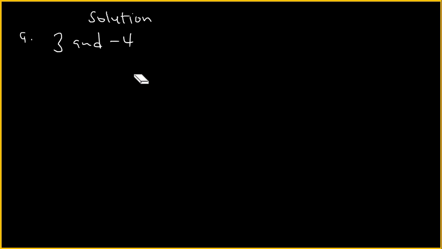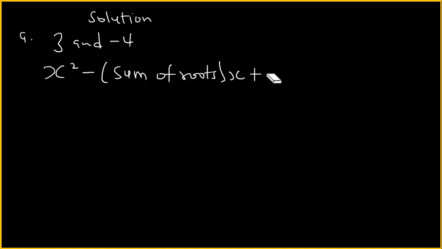Alright, so what we are going to do is write our quadratic equation as x squared minus the sum of roots x plus the product of roots is equal to 0. So from these roots we are going to sum them up.